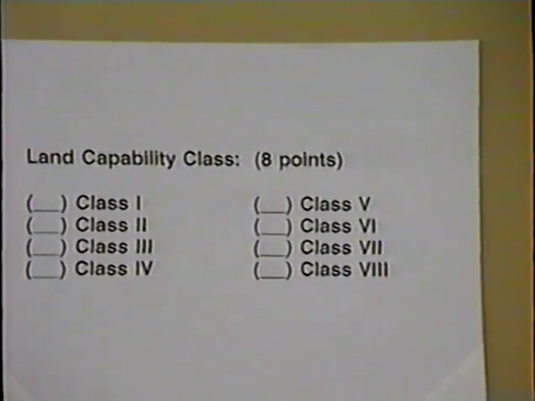Now, all of that information will be used collectively to make a decision about the capability of that land, soil, for growing cultivated crops under furrow type irrigation. We call that the land capability classification.